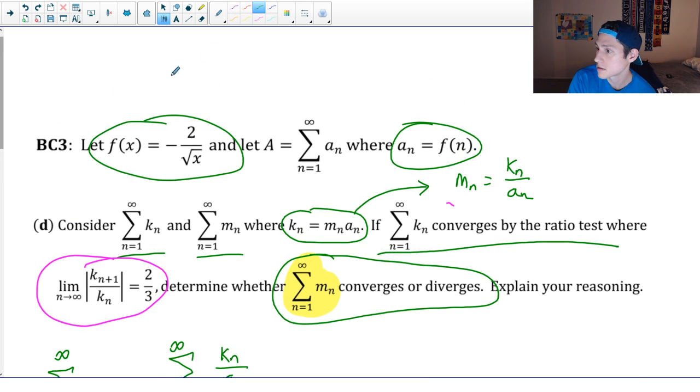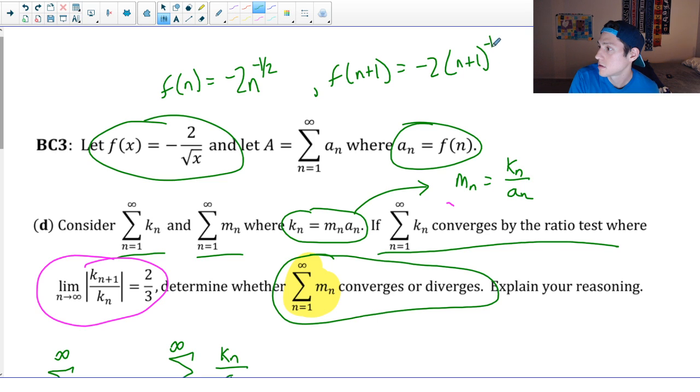So f of n is negative 2n to the negative 1/2, just rewriting the square root as 1/2. And then since it's in the denominator, I'm just going to write it with a negative exponent. So then that means f of n plus 1 is just negative 2 n plus 1 to the negative 1/2.